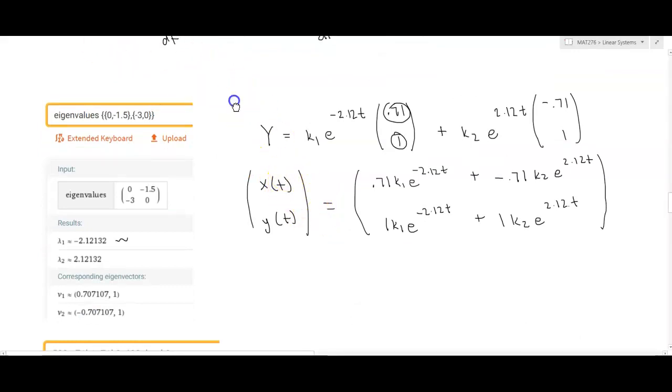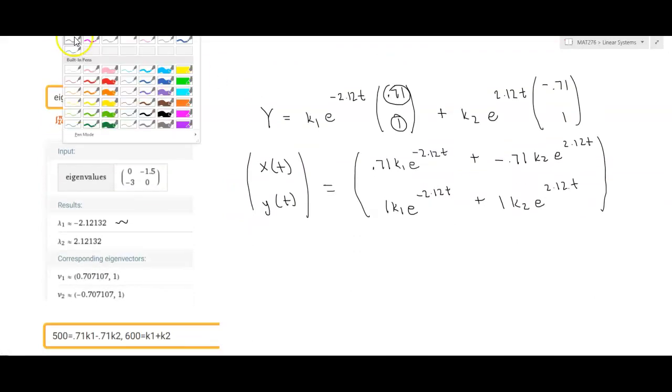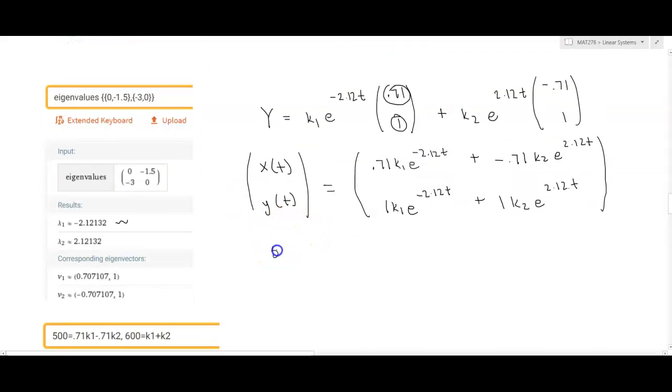So 500 is x. x of t is 500 equals 0.71 k1 e to the 0, right? Because e to the negative 2.12 times 0 is e to the 0, and that's just going to be 1.